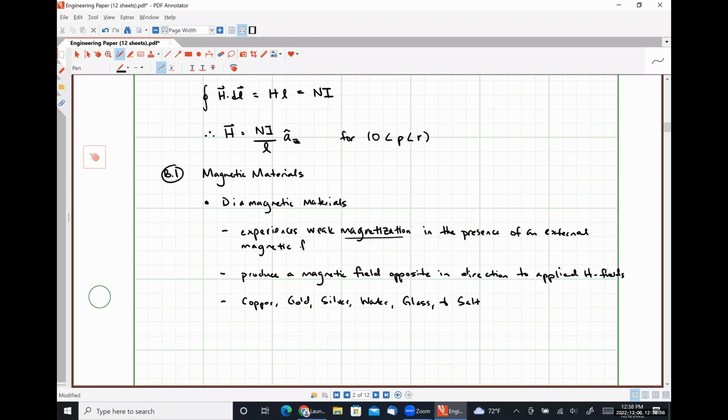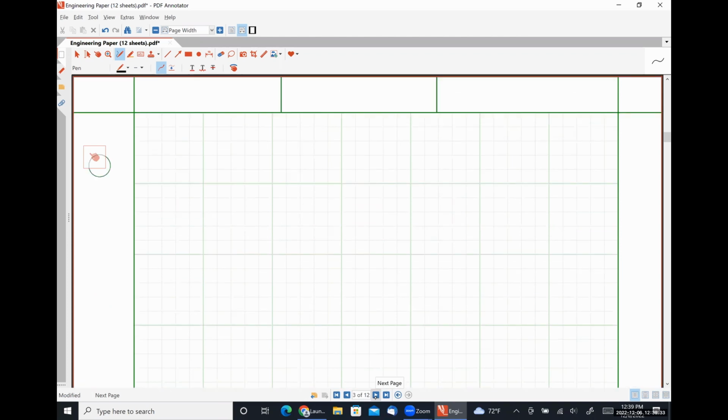We would generally consider copper, gold, and silver to be very good electrical conductors. Water and glass would be very poor electrical conductors, and salt is somewhere in the middle, right? So we have lots of different types of electrical conductivities, which I'm more familiar with, but all of these exhibit diamagnetic properties, okay? Now let's look at our second class of material, which is going to be the paramagnetic materials.